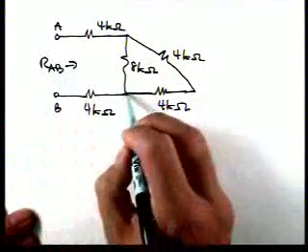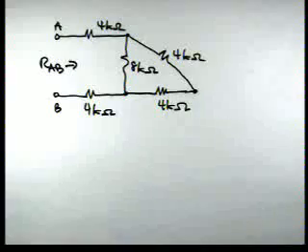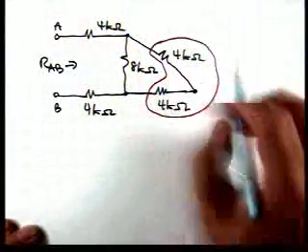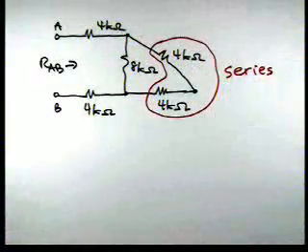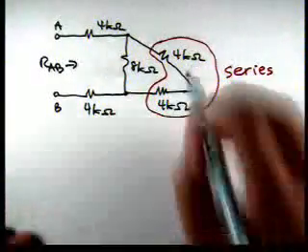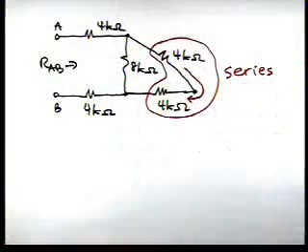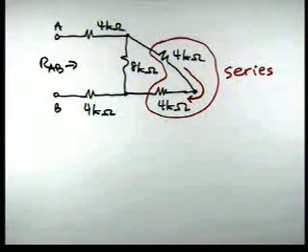Okay, so now here's our resulting circuit. Now, these two resistors are in series. Okay, they're not in parallel again because of this 8K. If you notice, if we had a current flow, the same current would flow through those two resistors. So, two 4Ks in series is going to be an 8K.